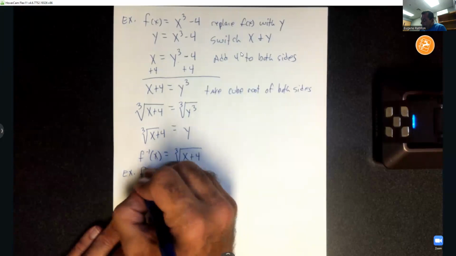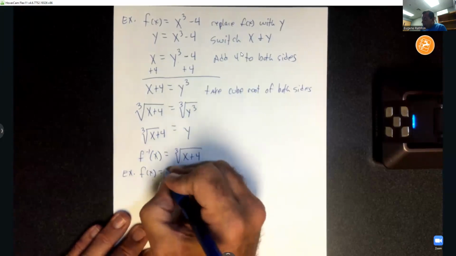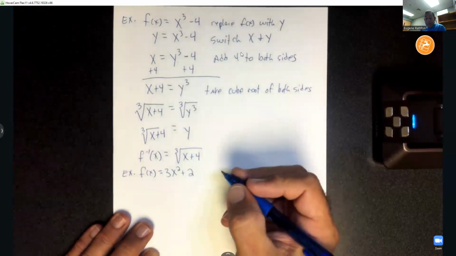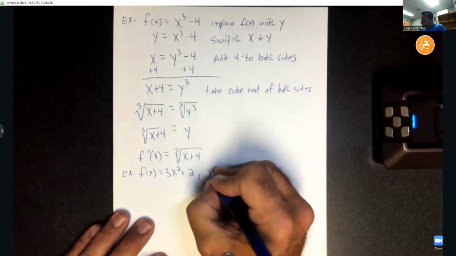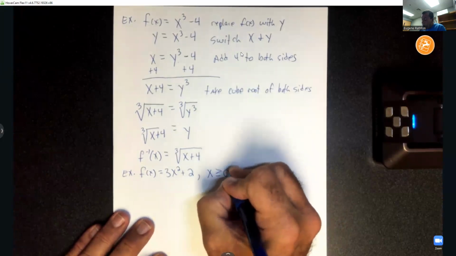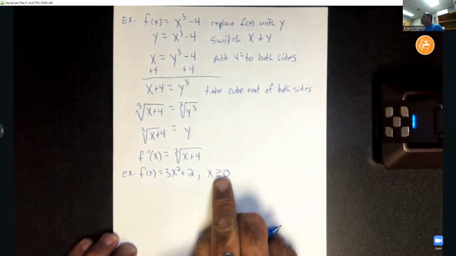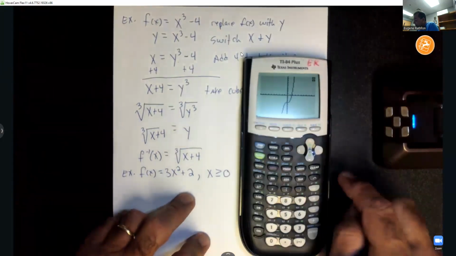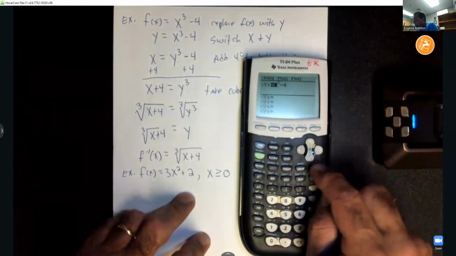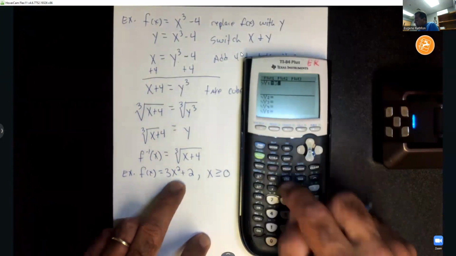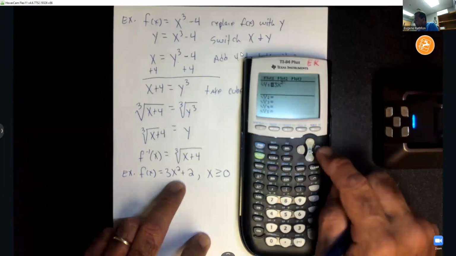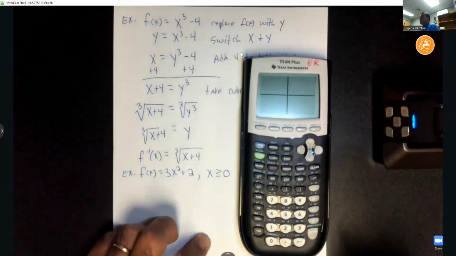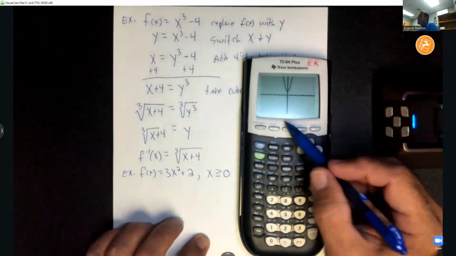So this one is f of x equals 3x squared plus 2. But y'all, then they're saying x is greater than or equal to 0. When they do this, they're restricting my domain, because look what happens. When I go to y equals, and I punch in my 3x squared plus 2, notice when I graph it, I get a parabola.